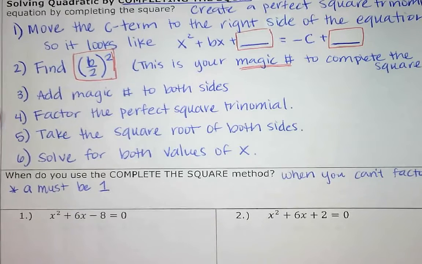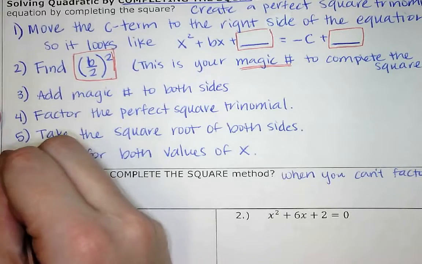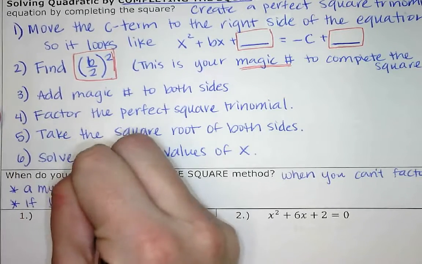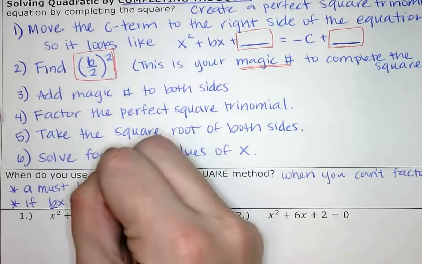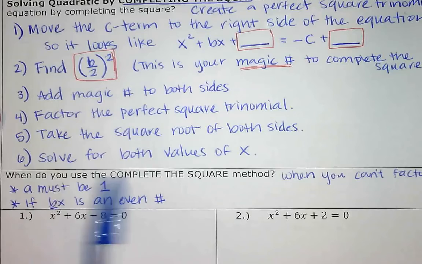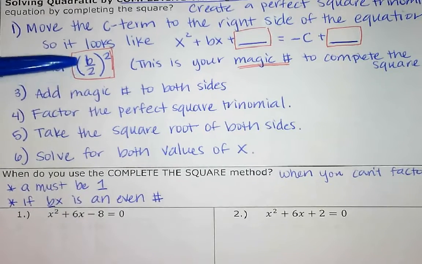And guys, I also recommend only using it if your bx, your b term right there, is an even number. The reason I recommend only using it when your b is an even number is because you have to divide b by 2.